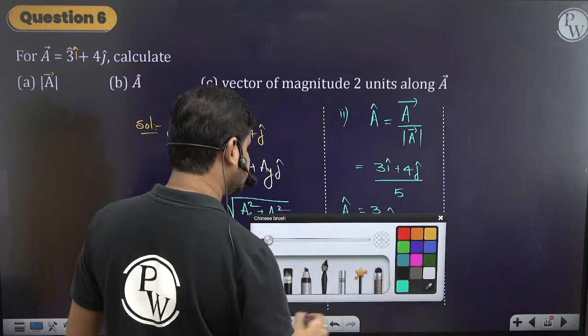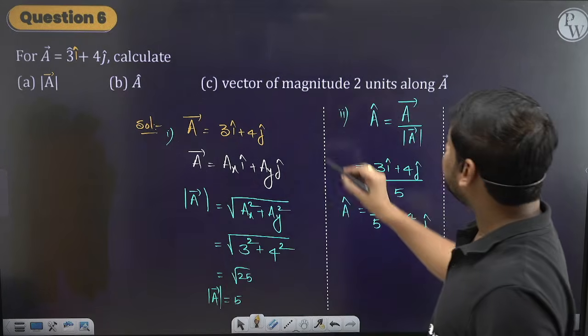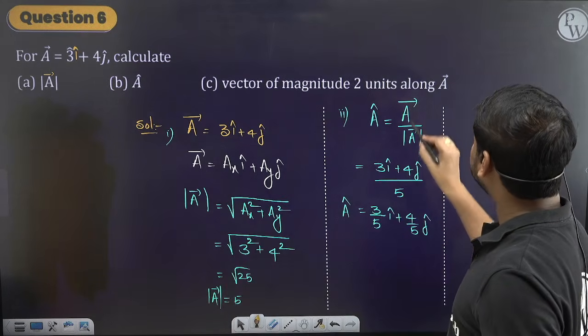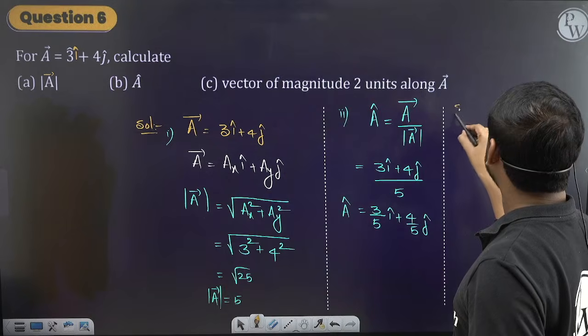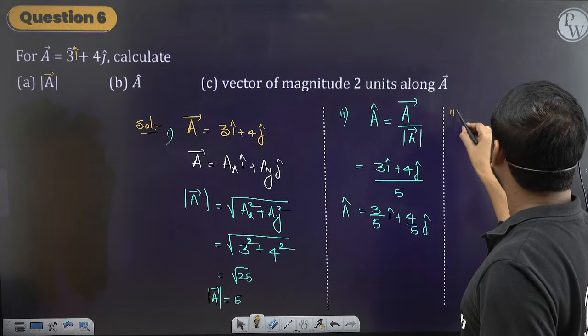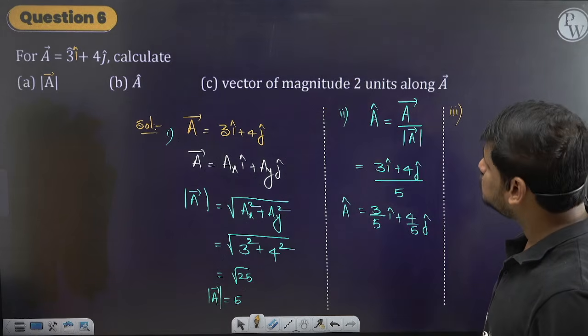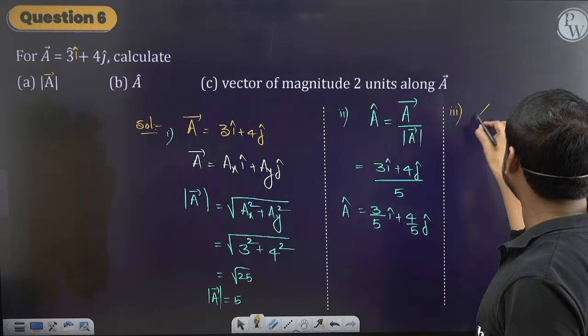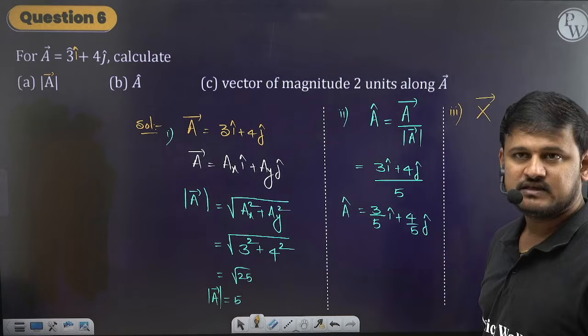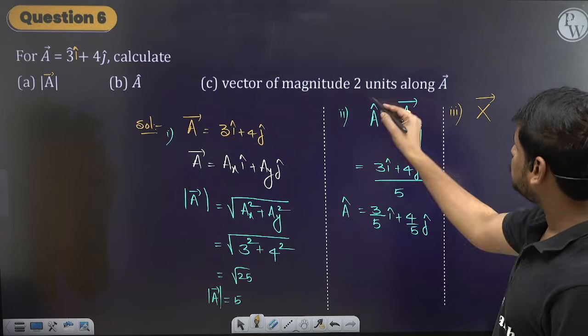So the third question, see here, important. Find a vector of magnitude 2 units along A. What does the question say? There is a vector of magnitude 2. Let's suppose some vector x is there whose magnitude is 2.